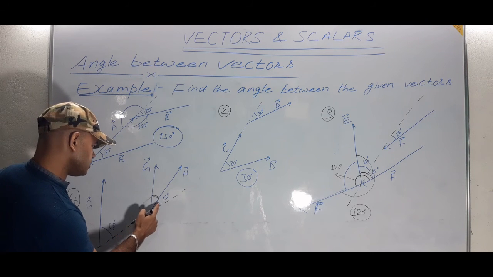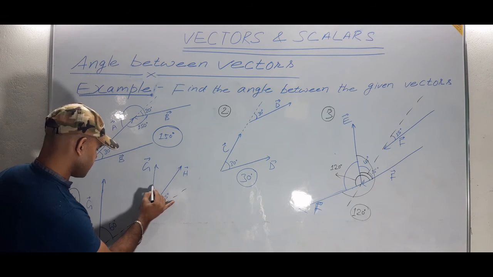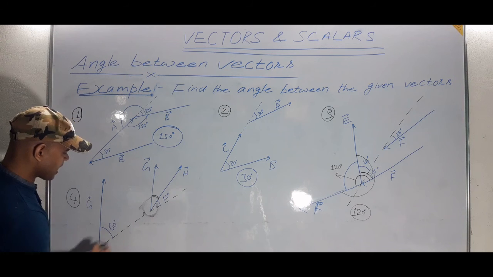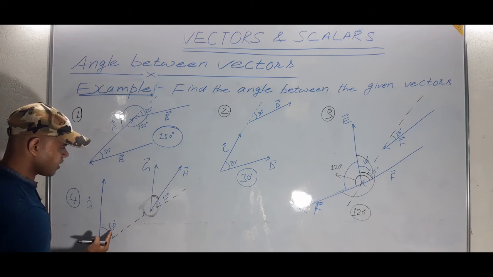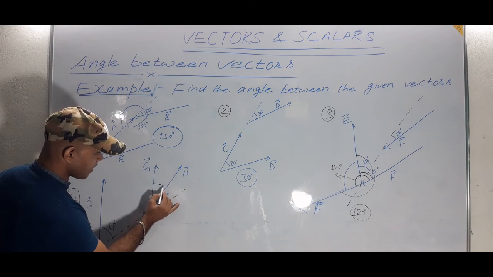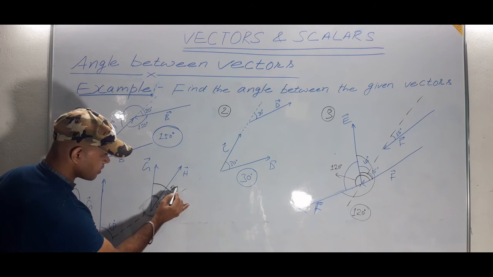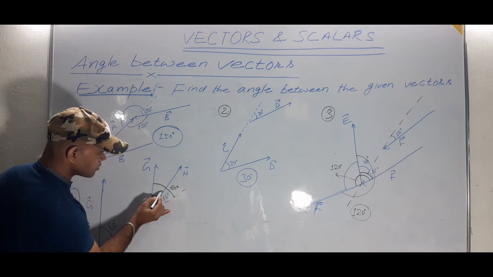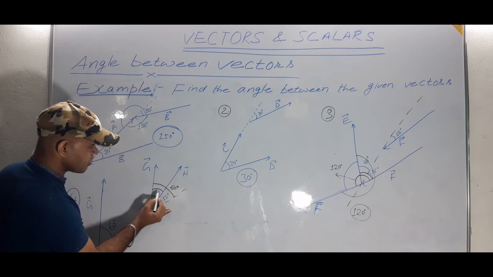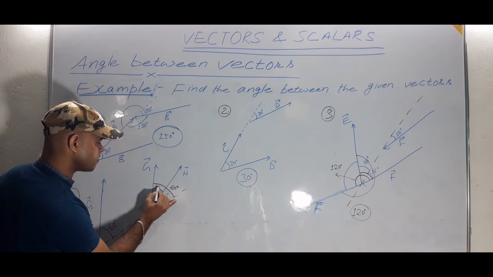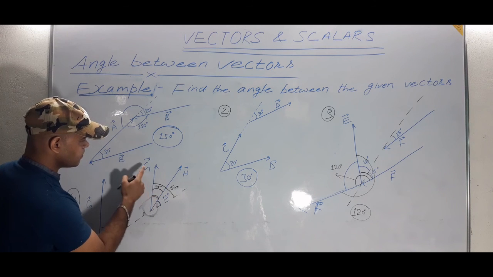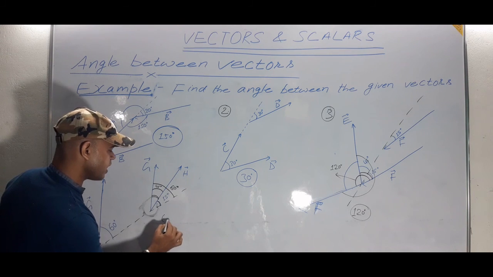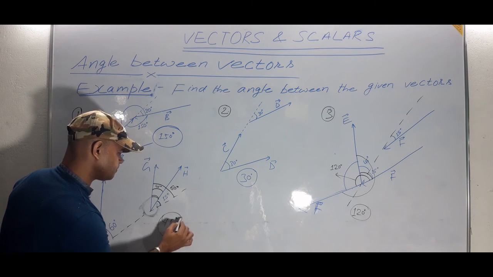Okay, so this is 15 degree, and this is, with black line, G vector is aligned at an angle of 60 degree, and H vector is aligned at an angle of 15 degree. So this one is 60 degree minus 15 degree, that is 45 degree. So between G vector and H vector, the angle is 45 degree.